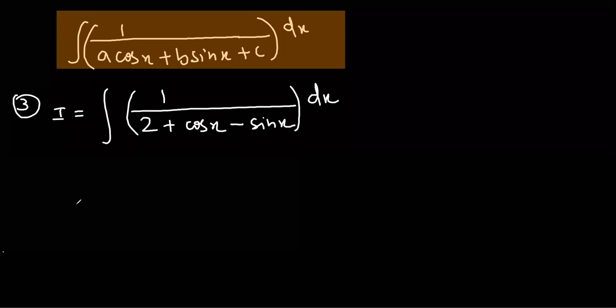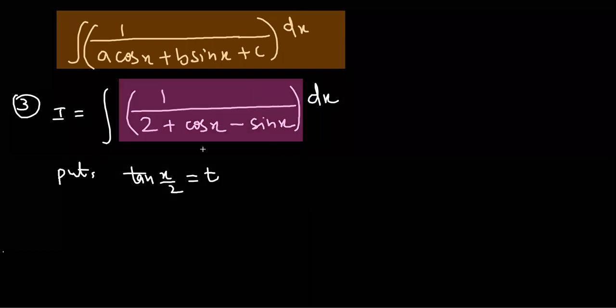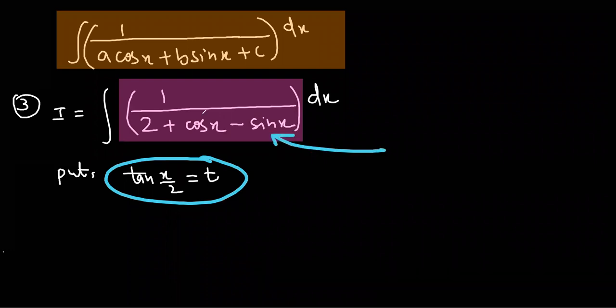I know the method. The method is to put tan x by 2 as t. We always begin with tan x by 2 as t. Many students are confused about why we put tan x by 2 as t if there is no tan x by 2 seen in the integrand. Students are troubled by this substitution because they see no tan x by 2 in the integrand.